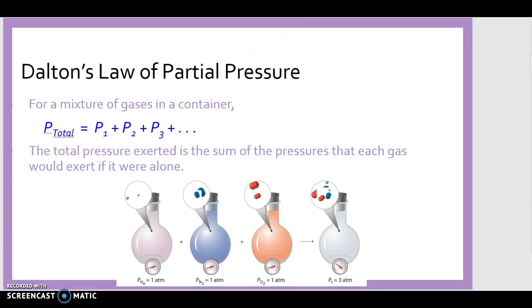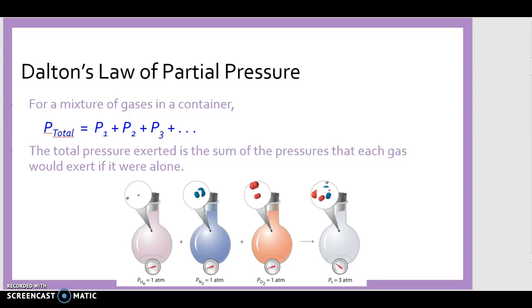So we're going to learn one new law, and that's Dalton's law of partial pressure. It's a very straightforward law. The total pressure inside a container is the sum of each individual gas pressure inside of it.